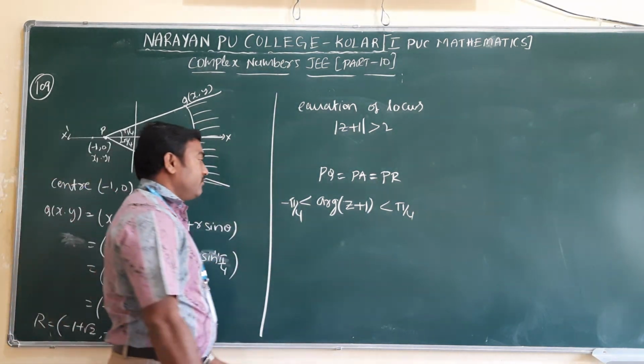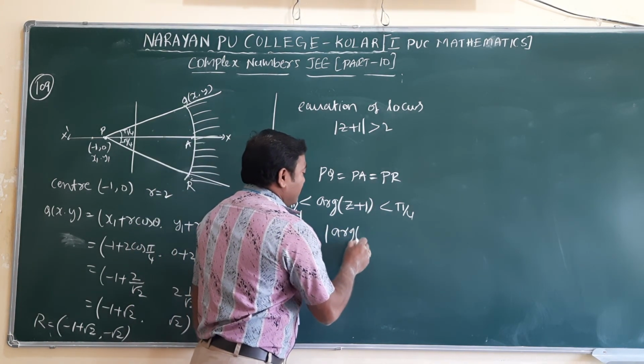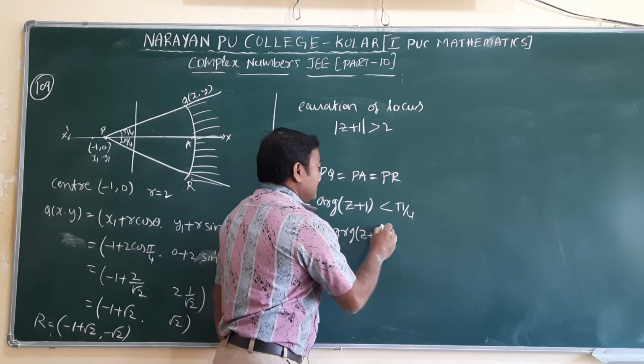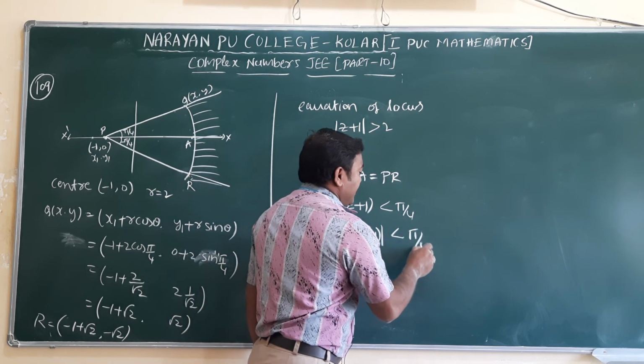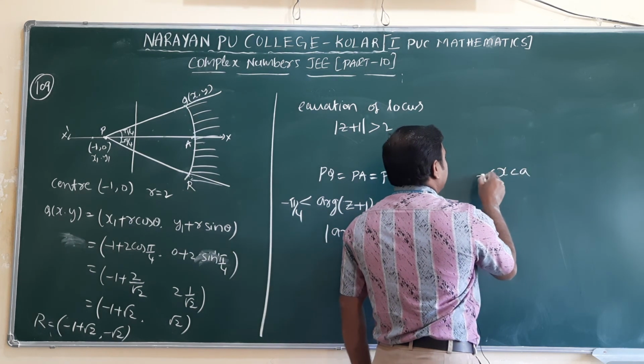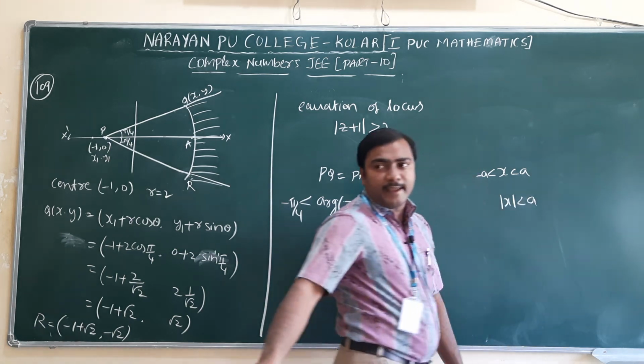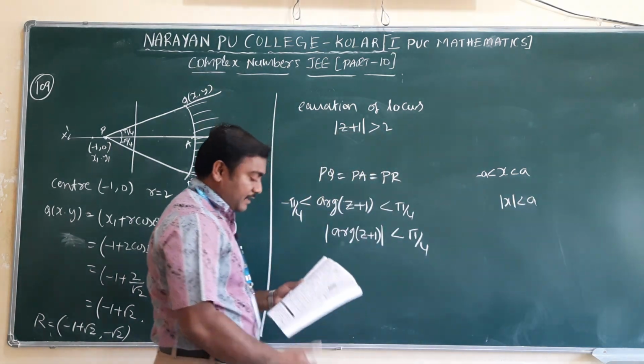Now here, modulus of argument of z plus 1 is less than pi by 4. So when you know the condition x is less than a and greater than minus a, the modulus of x is less than a. So this condition we have taken here.